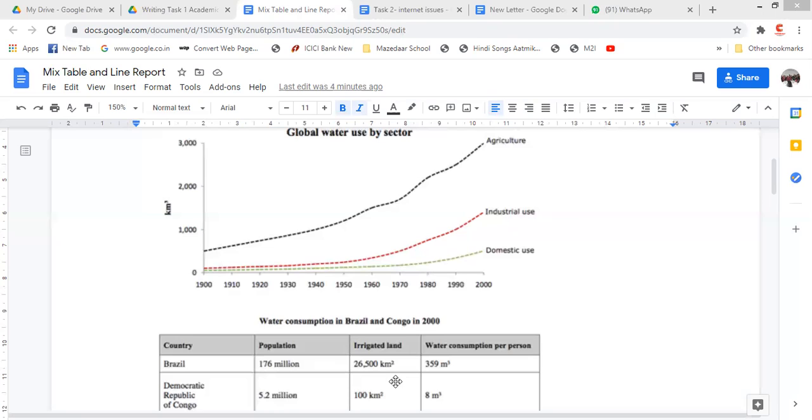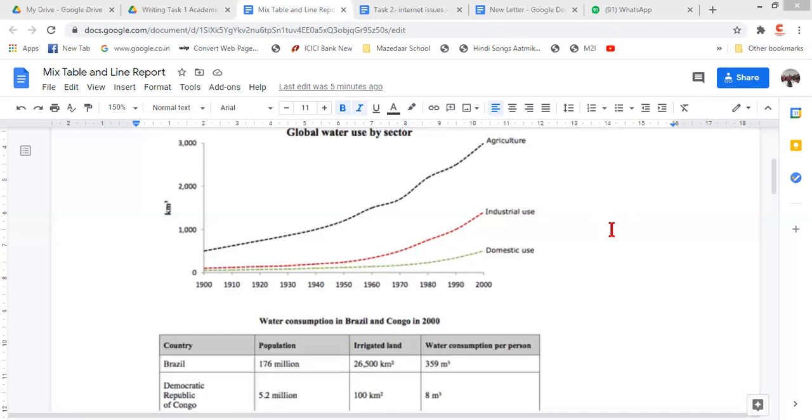And while in Brazil, the population lived around 176 million, and they lived in 26,500 kilometers. No, no. This is too much, man.